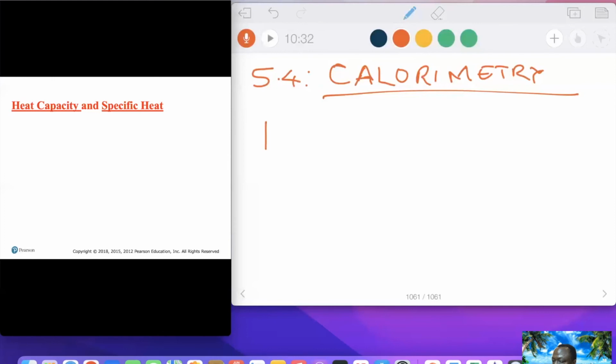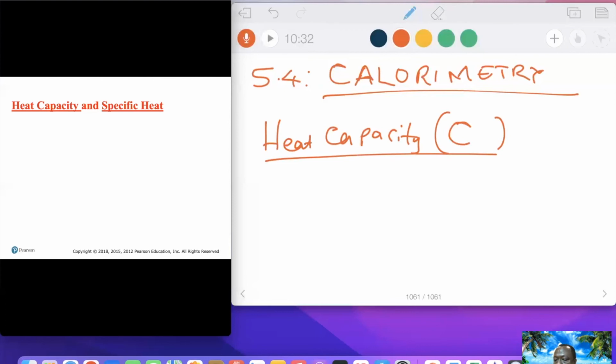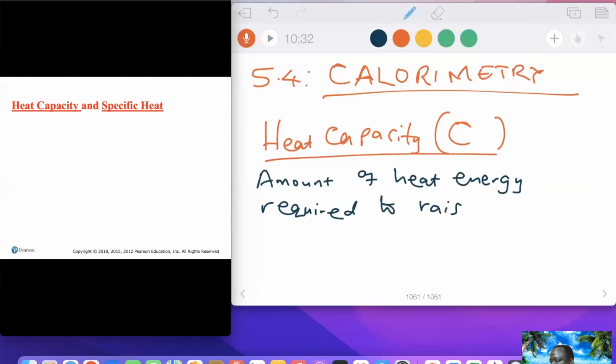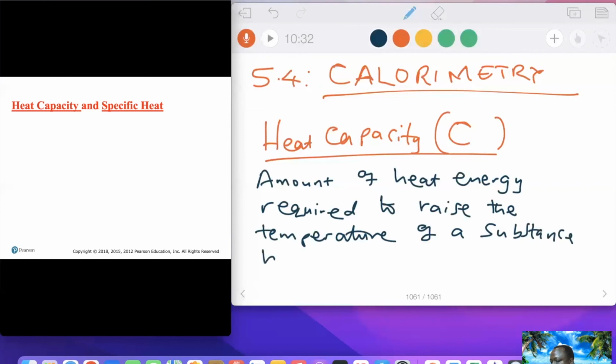First of all, heat capacity, denoted using C. I'll define this as the amount of heat energy required to raise the temperature of a substance by 1 Kelvin or 1 degree Celsius.